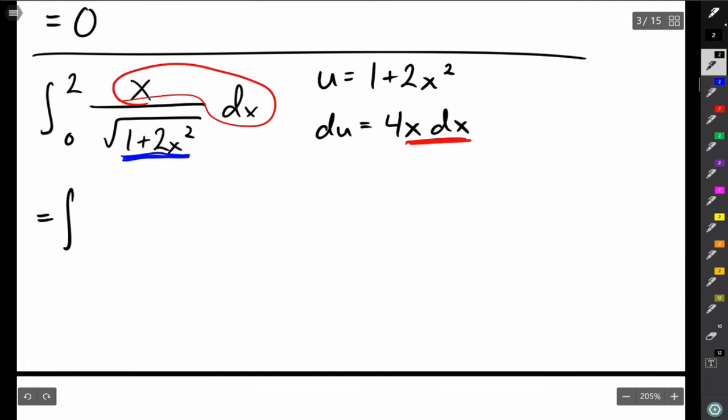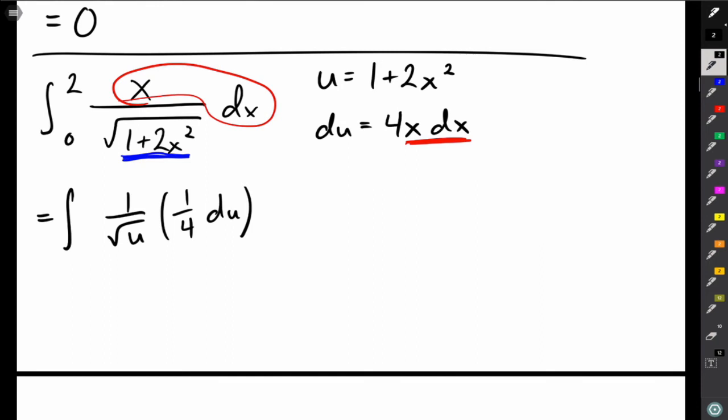And we're going to wind up with 1 over square root of u, right? And then that takes care of the square root part. Now the x dx, we have our x dx here, so move the 4 over. We have 1/4 du, right?